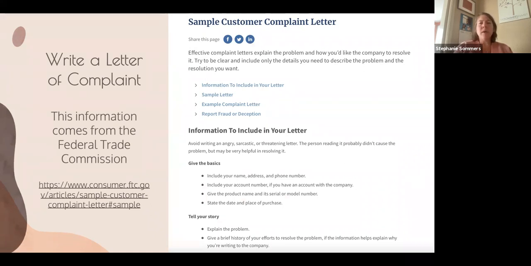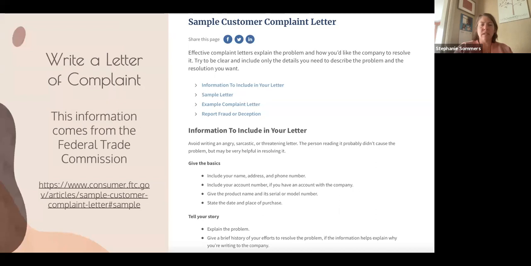But I do think it's important for our students to know how to put a letter like this together, what to include, how to put their problems down in writing, because the truth is that's how you're going to get results in a lot of situations, right? Whether you're trying to deal with Amazon to maybe get a refund, or whether you're trying to negotiate with your insurance company.